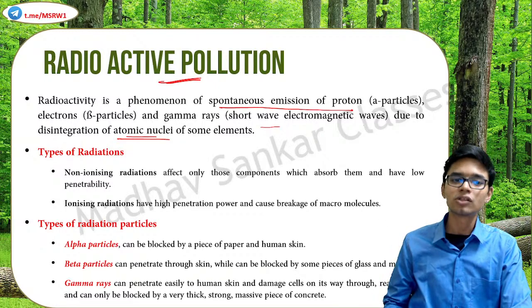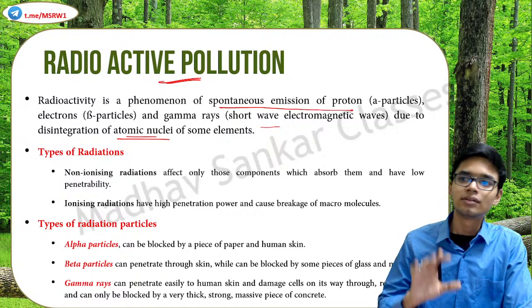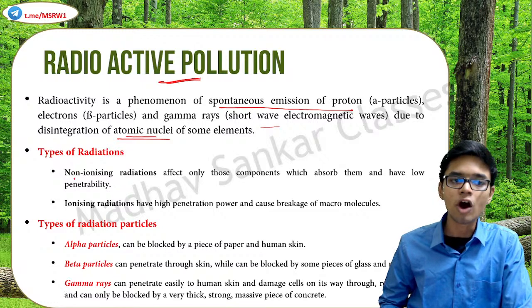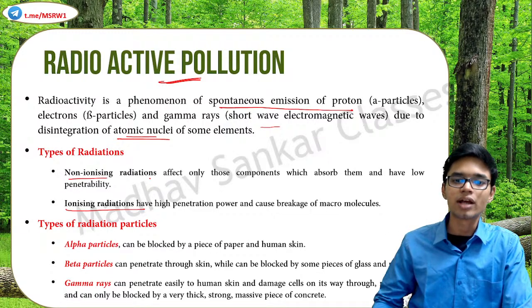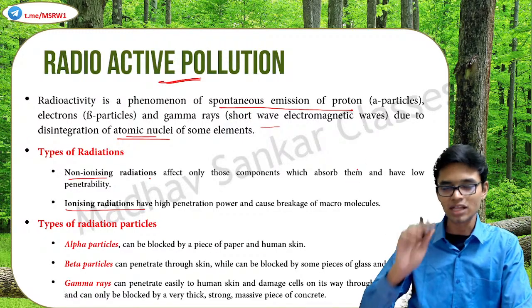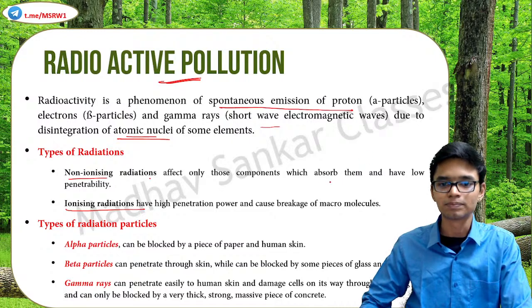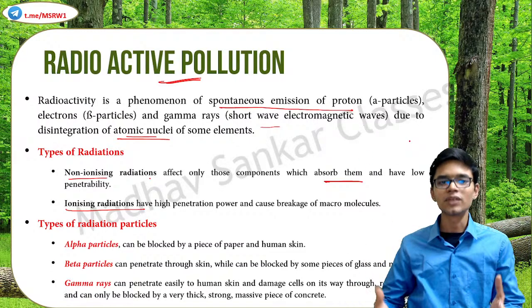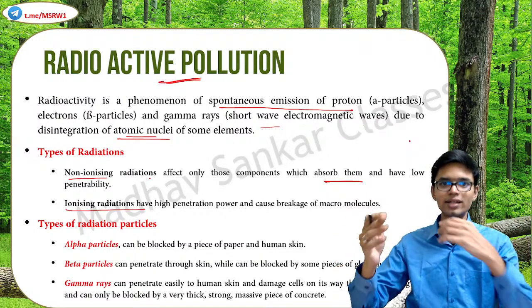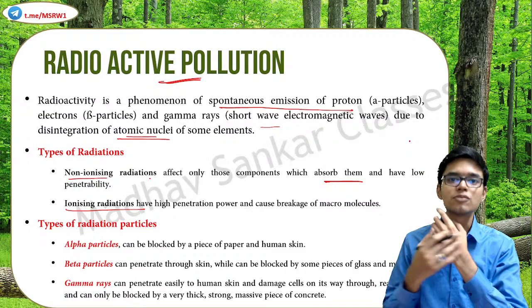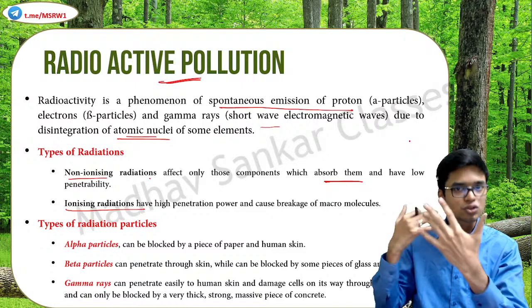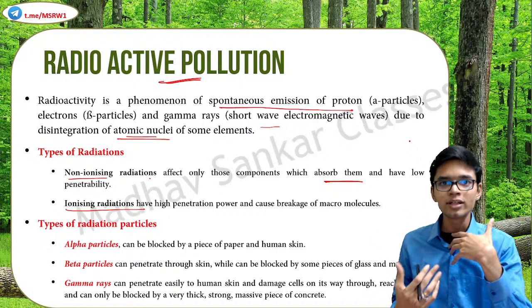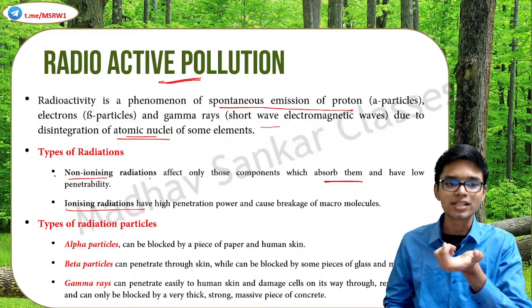So what are the types of radiations? Broadly, these radiations are categorized as non-ionizing radiations and ionizing radiations. Non-ionizing radiations are those which affect only those things that absorb them. For example, if certain particles are emitted and hit our skin, the skin will absorb these particles, and that's it. It does not penetrate into our body. Such things are known as non-ionizing radiations.